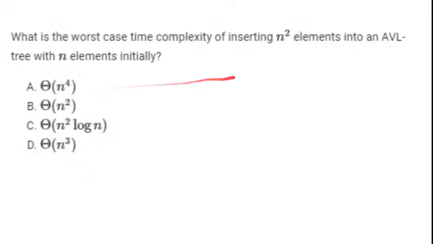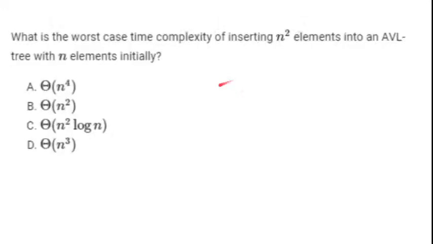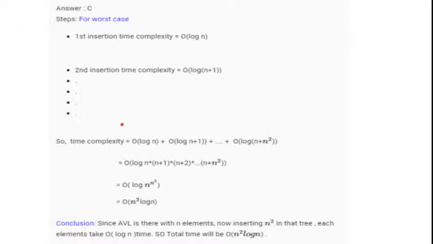Next, what is the worst case time complexity of inserting n square elements into an AVL tree with n elements initially? For the worst case, the answer is theta of n square log n.